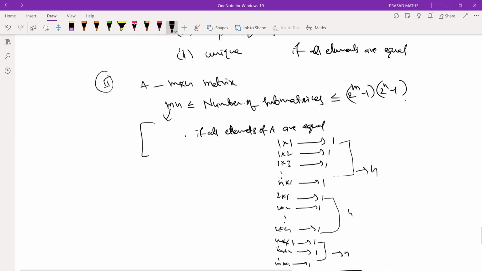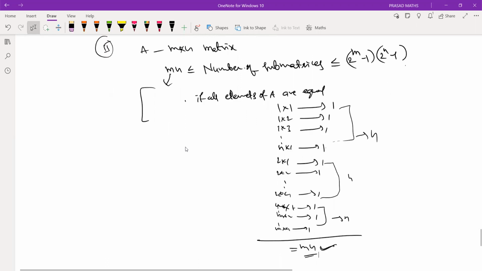All orders: 1 by 1, 1 by 2, 1 by 3, 1 by 4, 1 by 5, 1 by n, 2 by 1, 2 by 2, 2 by 3, 2 by 4, 2 by 5, 2 by n. Similarly m by 1, m by 2, m by 3, m by 4, m by 5, m by n. So if all entries are equal, the total number of submatrices is mn.